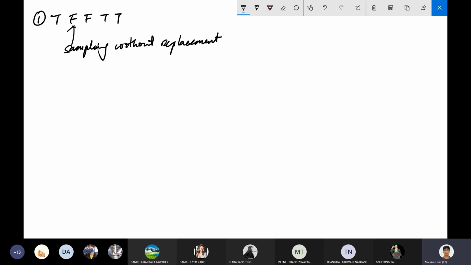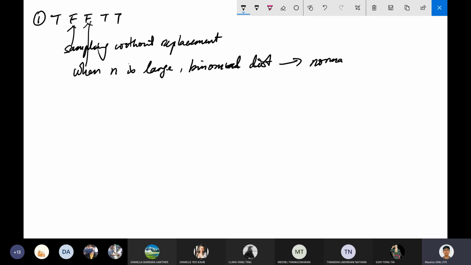So why is it false? When n is large, or when n becomes a big number, the binomial distribution becomes a normal distribution.